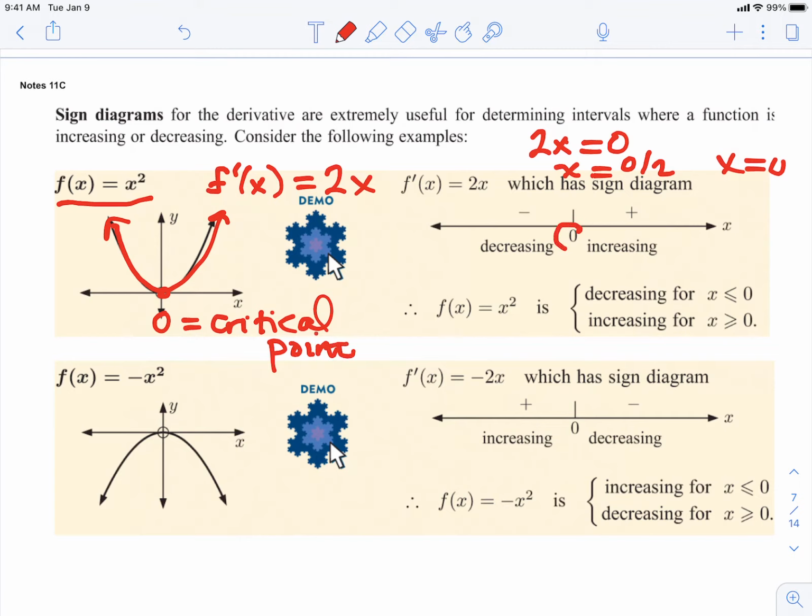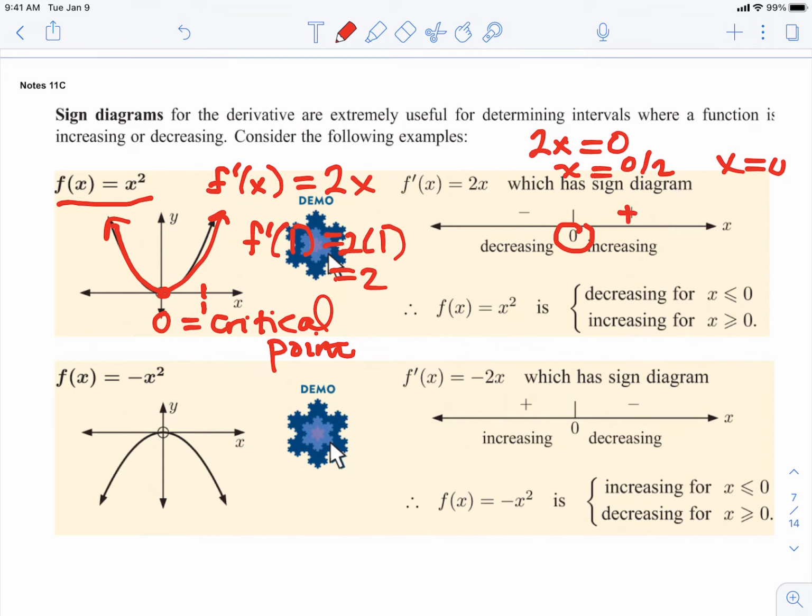So here is 0 on our sine diagram. Then we want to test a point to the right and see what our slope would be. If x is 1, and we substitute f dash of 1, 2 times 1 is 2, that's a positive.